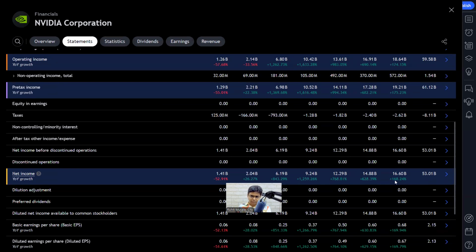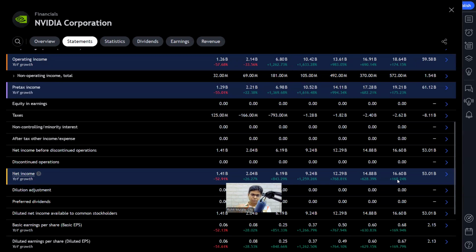If this number is at least 25%, then look for accelerating growth. So this number should be greater than this number, and this number should be greater than this number. So 3/4 of accelerating earnings, and this number is minimum 25%. Even that is allowed. Okay.